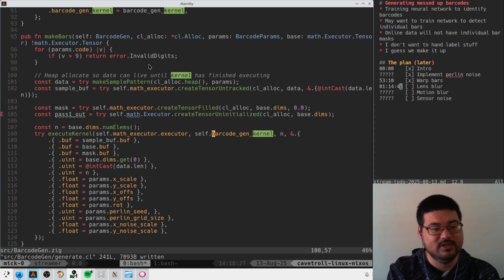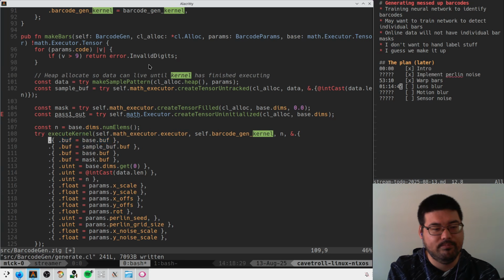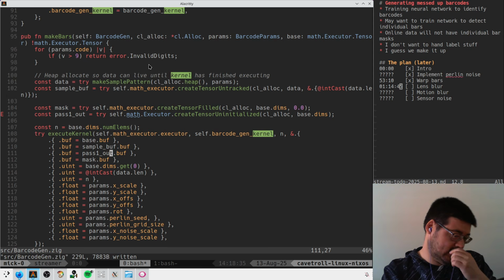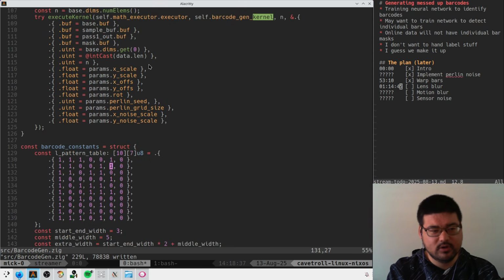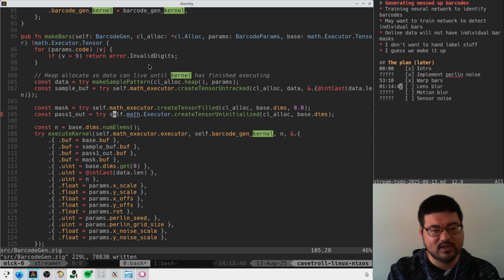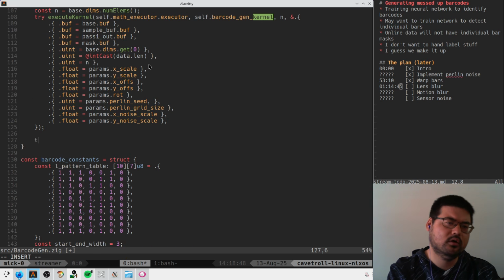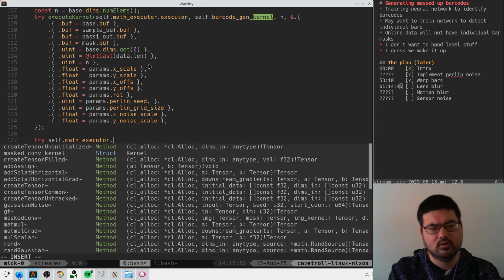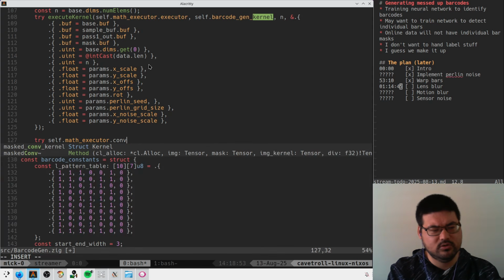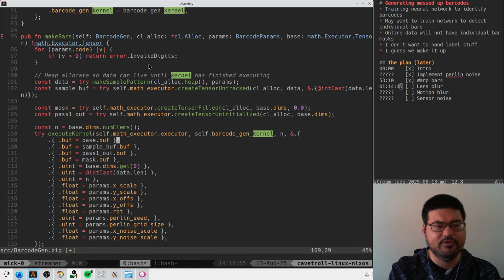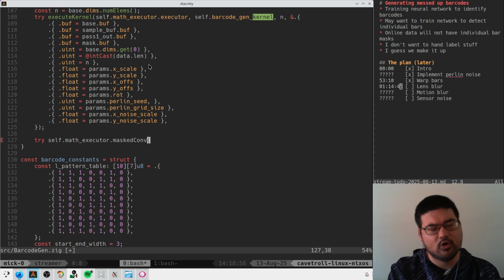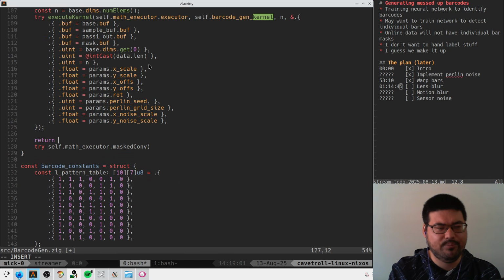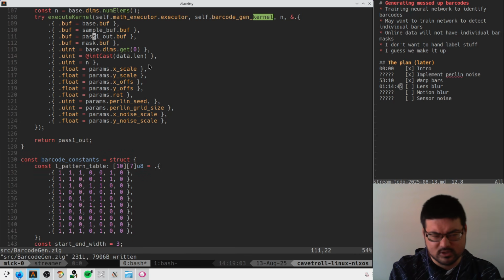So this guy wants image in now, so we have base buff and the pass one out buffer here. And then we have pass two. So for pass two we take pass one and we want to do a mask conv on this. Before we do this though, can we just return pass one out here, just to make sure that this is still working the way we expect?